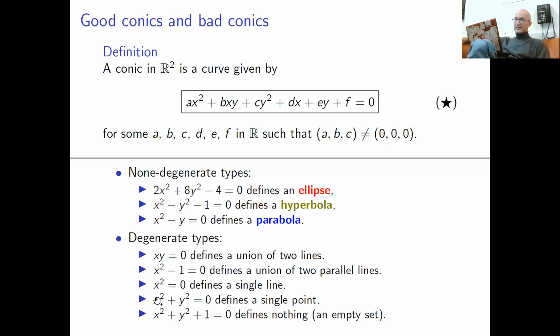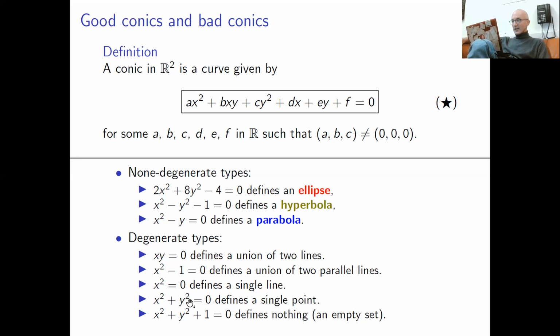And we have further degeneration. We can, for example, consider the equation x squared plus y squared is 0. You may ask what it is. Geometrically, it's just a point. But there's another way of looking at this equation. You can split this polynomial as a product (x plus iy) times (x minus iy), where i is the square root of minus 1.